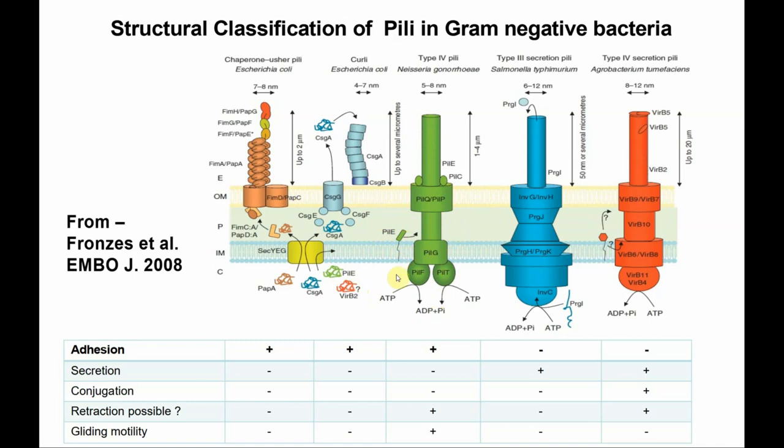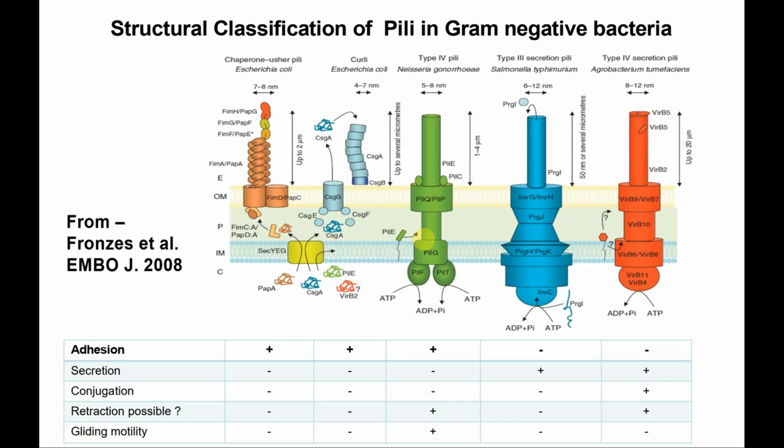Once again, it requires ATP hydrolysis, and the filament proteins are added here, so little by little the filament is extruded. Now what's interesting here is that this process is reversible. So the bacteria can control it, okay, so that they can push out a filament and they can put it back in when they want. And that's why these type 4 pili are involved in adhesion and also motility across the surface.